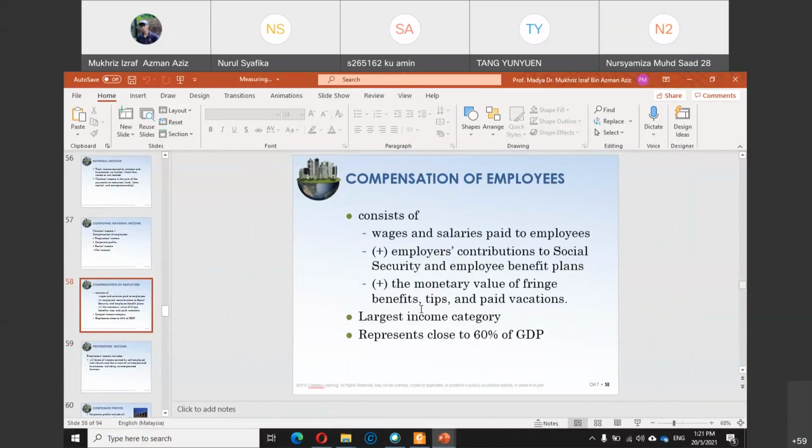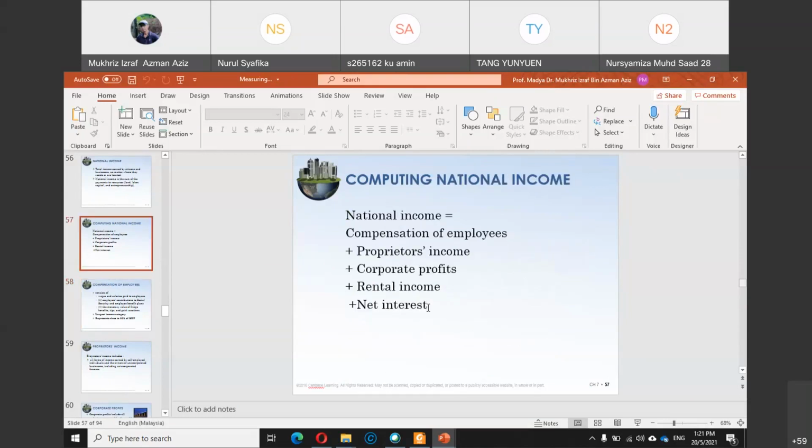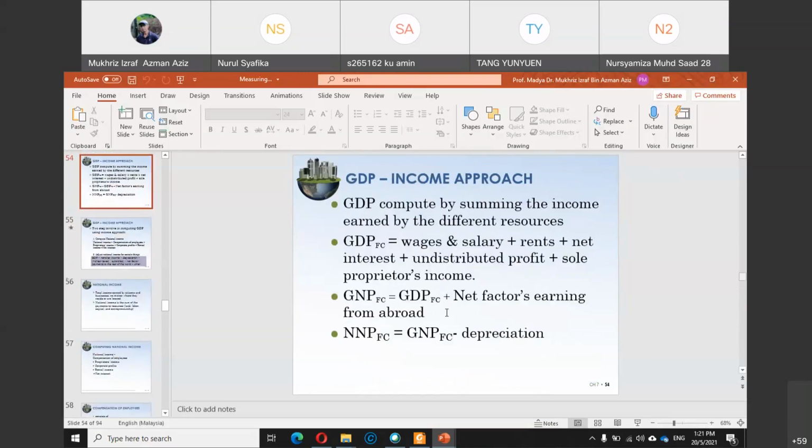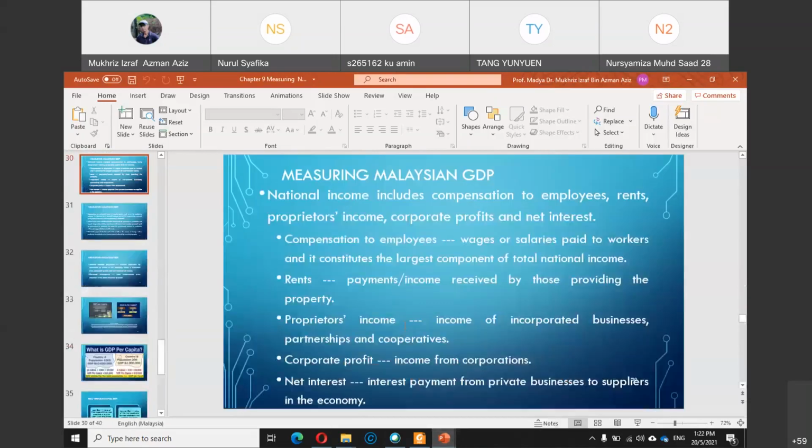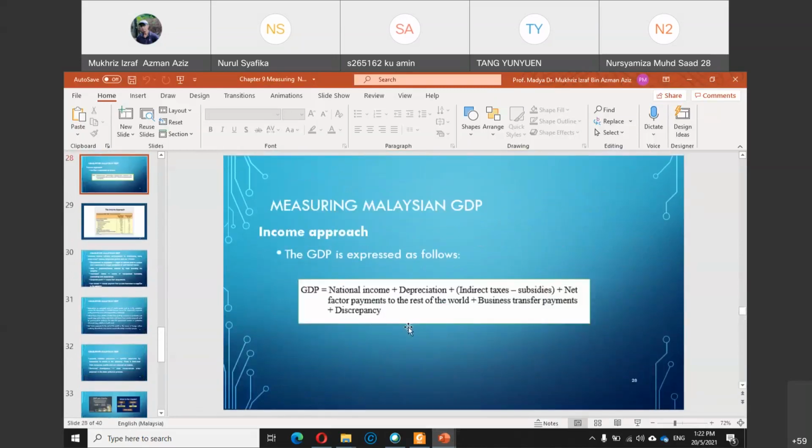I would prefer the expenditure approach topic, because that is more relevant. We can see the components and the application: investment, consumption. But since this is part of your syllabus, just focus on the components inside the income approach, as what you see here.